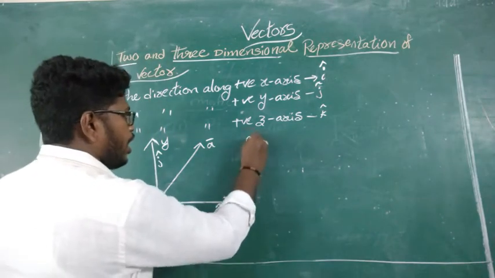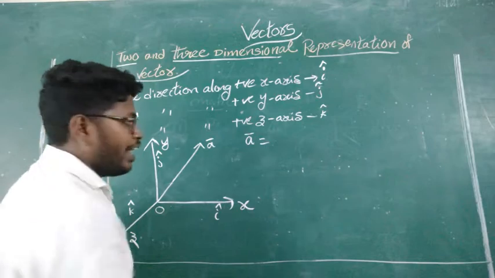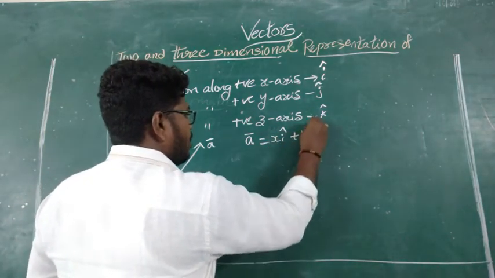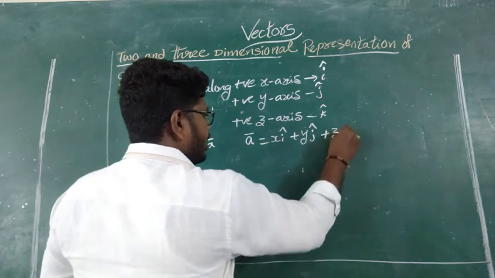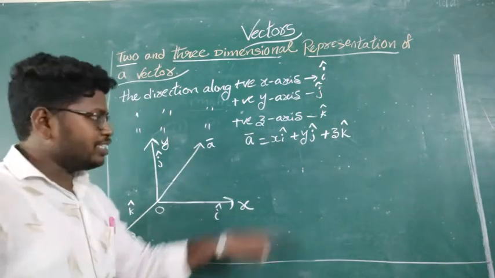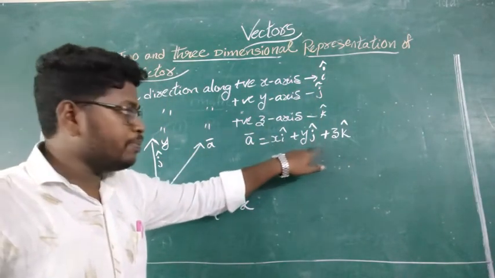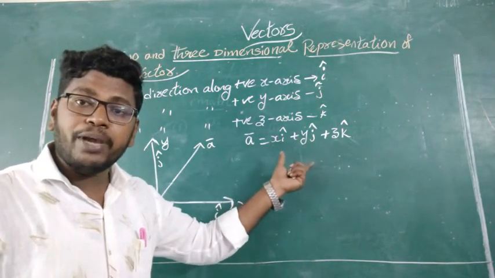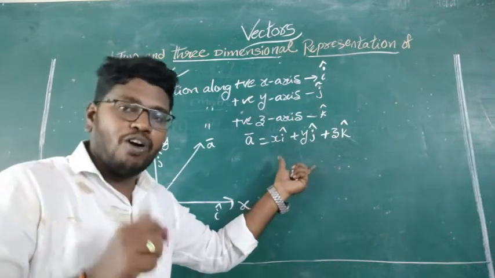That is A bar equals x i cap plus y j cap plus z k cap. This is the vector representation based on the vector's law of addition.